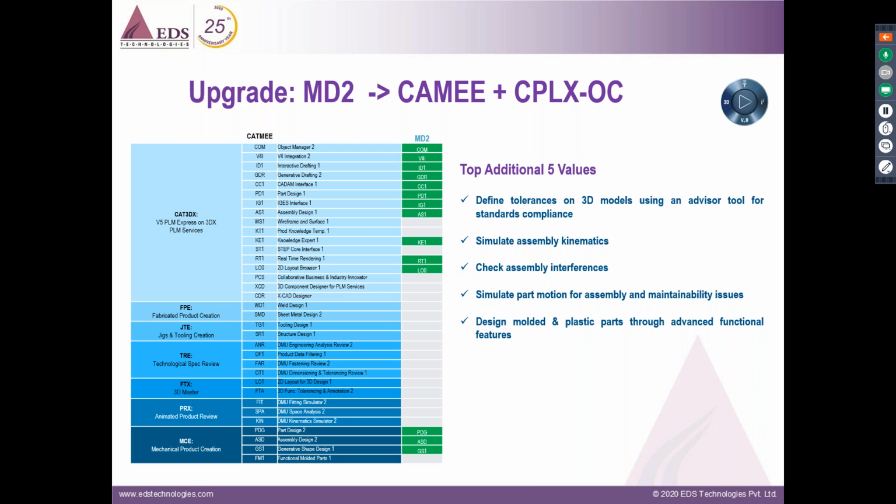In the sense, the platform is ready for digital continuity, for digital transformation, and then you can digitalize all your legacy data that you have created over the last 10 to 15 years. You can digitalize the entire data and bring it onto a web interface to be able to access it from multiple devices. So MDT2, CATIA Mechanical Engineering Excellence CAT-ME, is available at a nominal price.